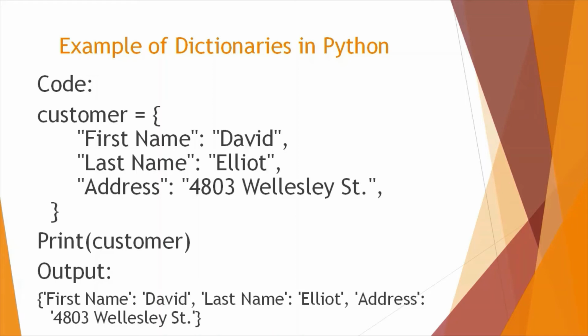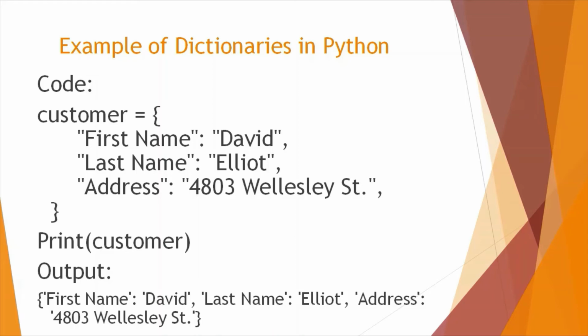And I'm closing the braces here. And then I'm printing the dictionary. That is how you can print the dictionary, just by passing the dictionary name in the print function. And you will get the output like this in the end: first name, colon, David, comma, last name, colon, Elliot, comma, address, and that is it.